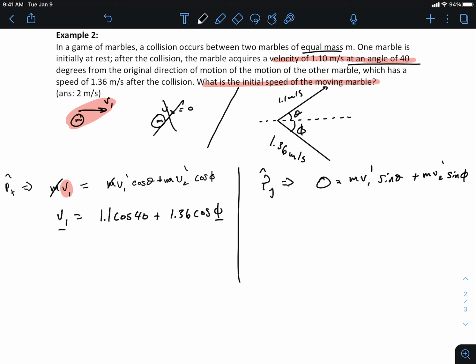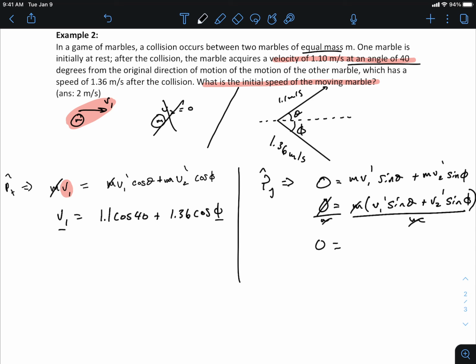So we can go 0 equals mass, factor out the mass, v1 prime sine theta plus v2 prime sine phi. If I were to divide both sides by m, it's gone. So we're left with 0 equals, let's just start filling in the numbers for what's left.